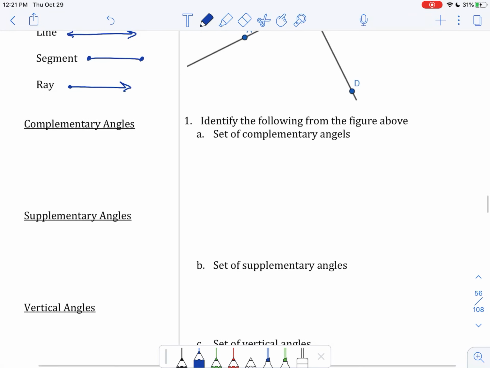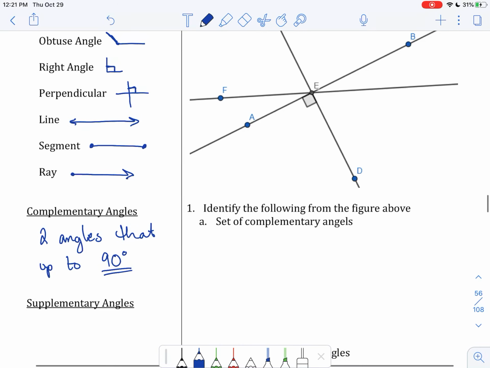Some of you might already be familiar. Complementary angles are two angles that add up to 90 degrees. So if I'm asking for, in number 1A, a set of complementary angles, I'm going to look at this picture. I'm looking for two angles that add up to 90 degrees.